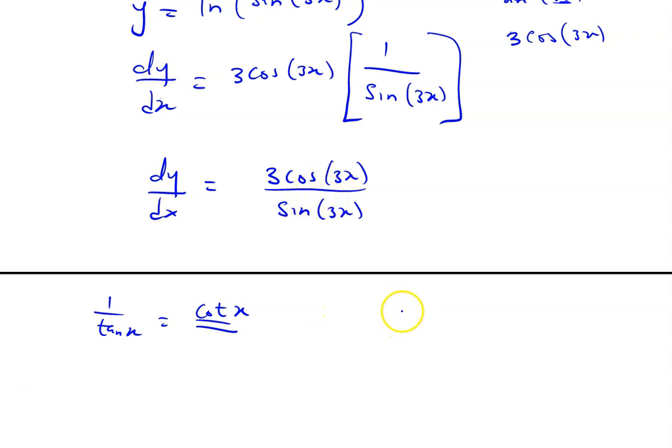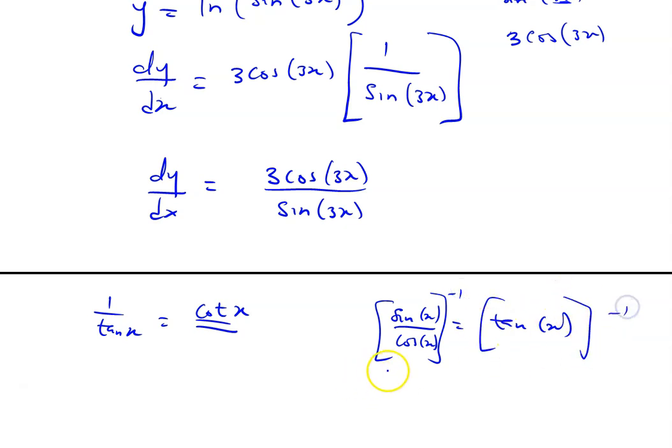Because I know that sine x on cos x equal to tan x, right? So if I find the inverse of this, it means that I'm going to get cos x on sine x equal to 1 on tan x. You see? So it's the same thing over here.